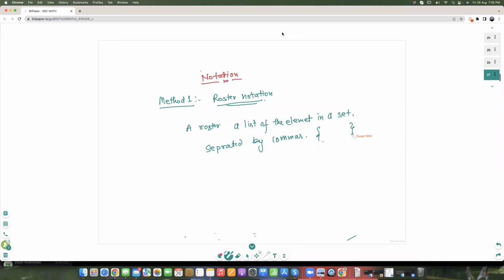Like if I say 1, 3, 5, 9, 10, 15, this is a roster notation of a set. Understood, guys? Is there a doubt?